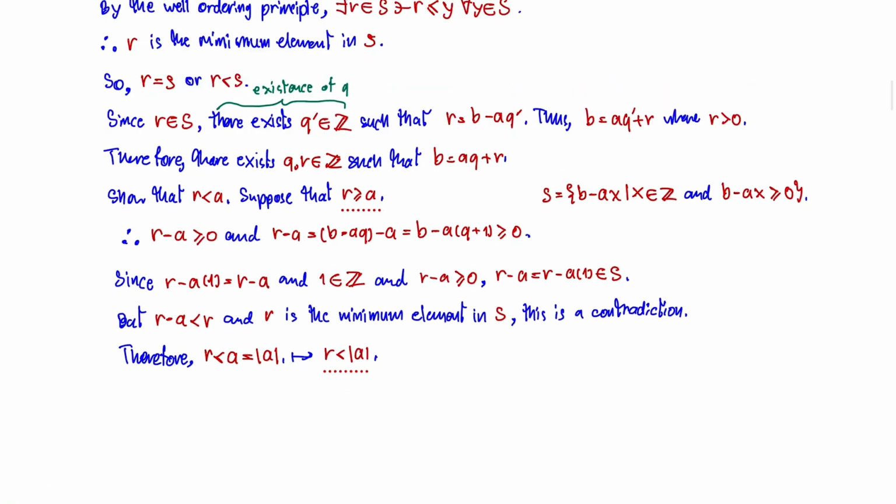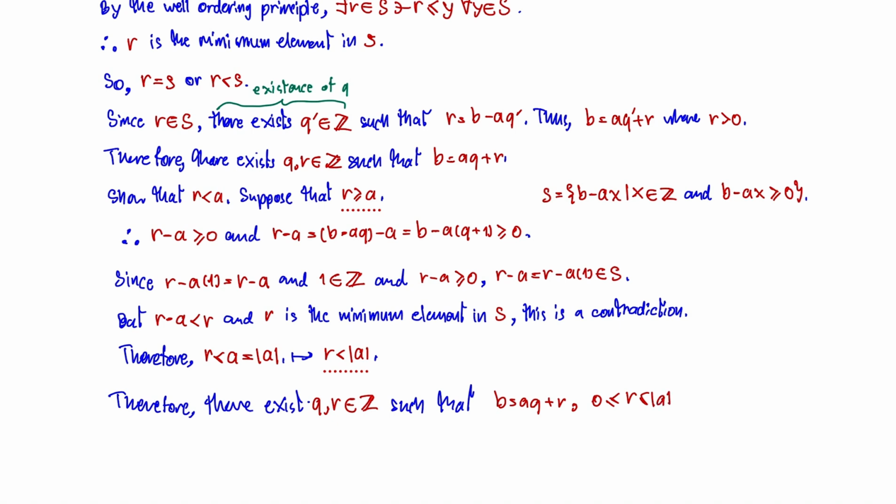We have shown that there exists Q and R, which are integers, such that B equals AQ plus R, where R is greater than or equal to 0 and less than the absolute value of A.